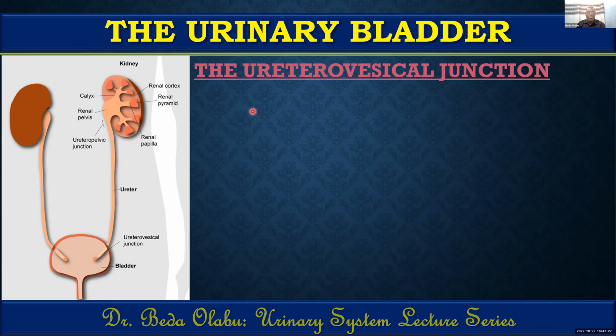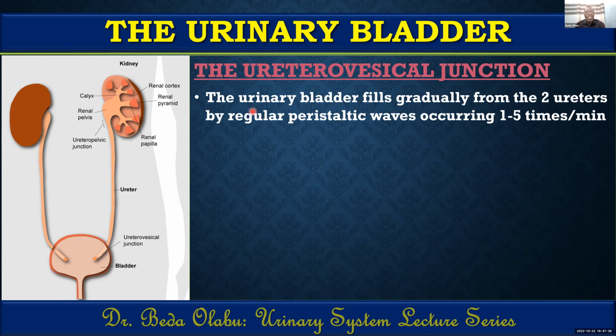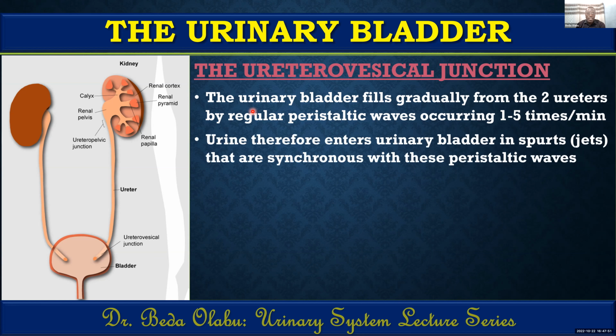Let's talk about the anatomy of the ureterovesical junction before we can talk about the physiology of the urinary bladder. Usually, we know that the urinary bladder fills gradually from the two ureters by the regular peristaltic waves that we've already talked about. These waves cause some spurts, or what we call ureteric jets of urine, into the urinary bladder according to the peristaltic waves.